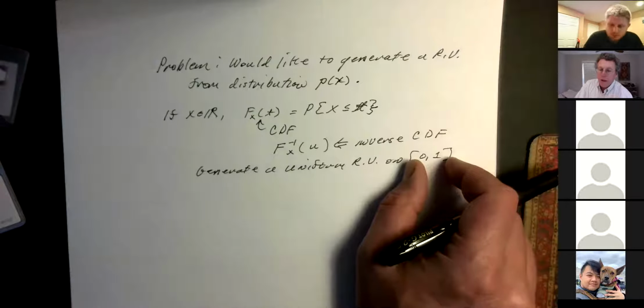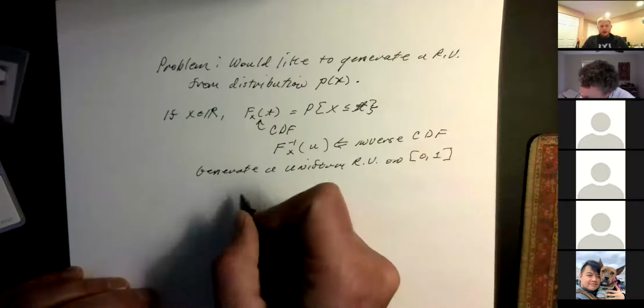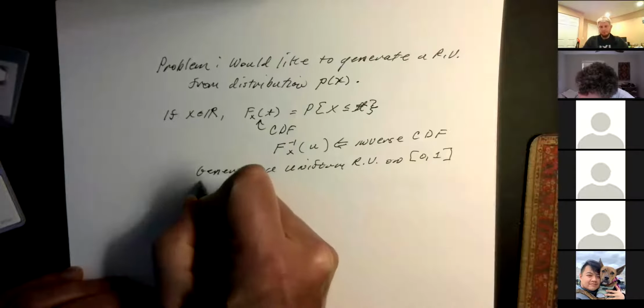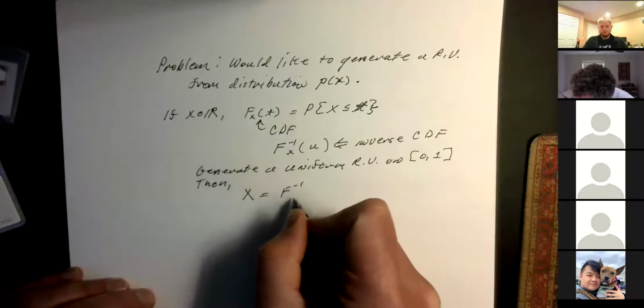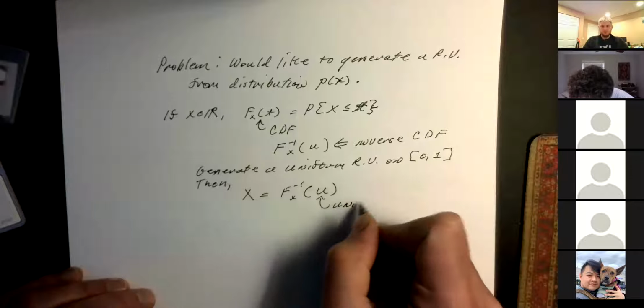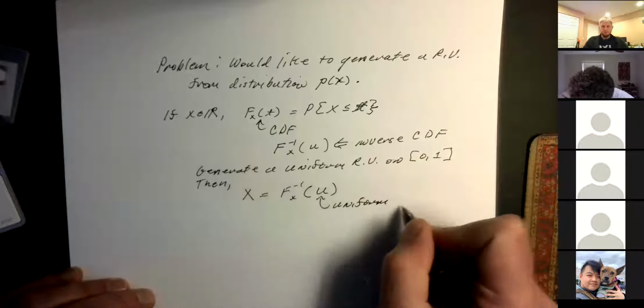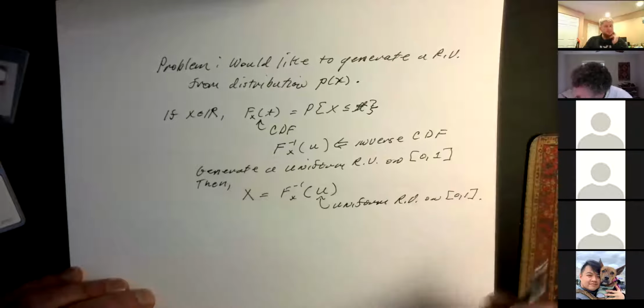Anyway, in a computer, if you're doing this with pseudorandom numbers, you generate a pseudorandom variable that's uniform in the interval 0, 1, and there's a lot of background on how to do that effectively. Okay. So then you generate X equal to F inverse X of U, where U is a uniform random variable on 0, 1.